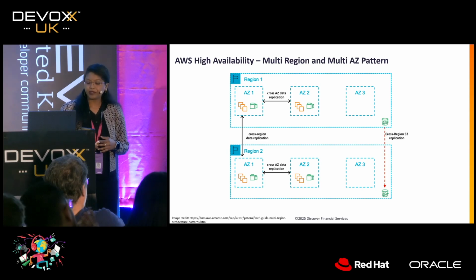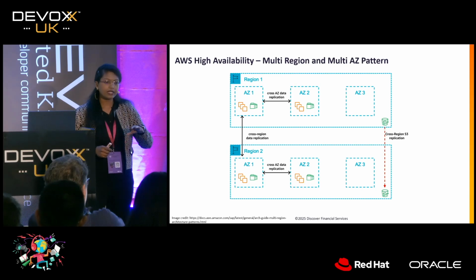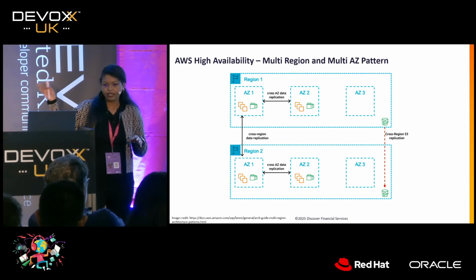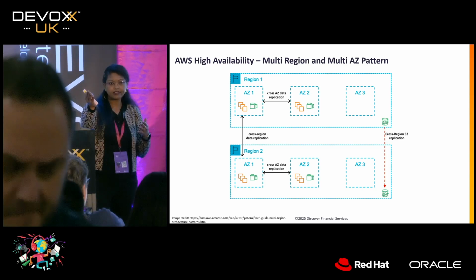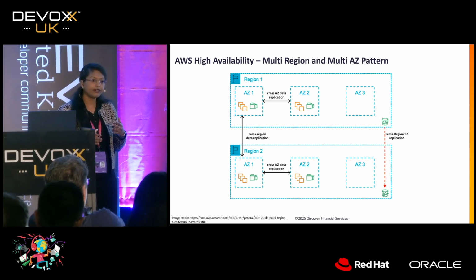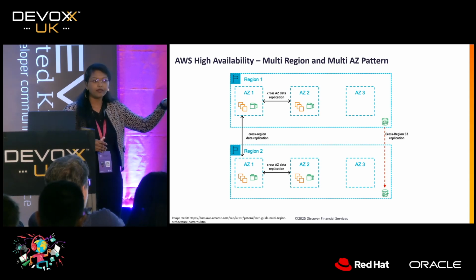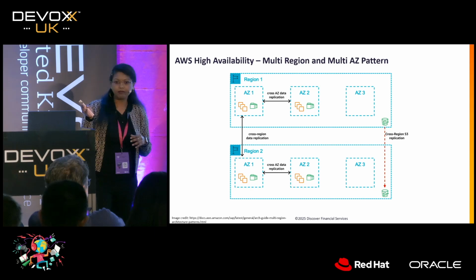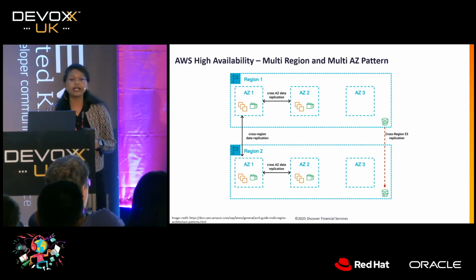We deploy our systems redundantly into different availability zones as well as into different regions, and we would continuously synchronize the data across the AZs as well as across the regions. This will ensure that if we go down on one side or one of the availability zones, we always have redundant systems available on other AZs and regions, which would ensure high availability.